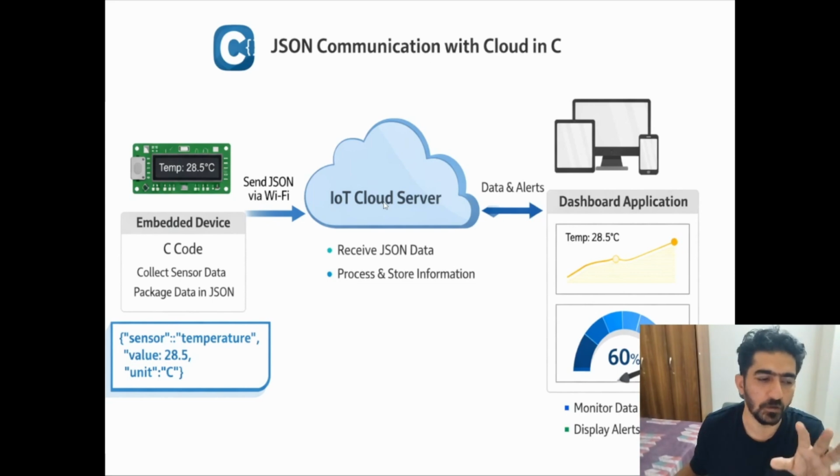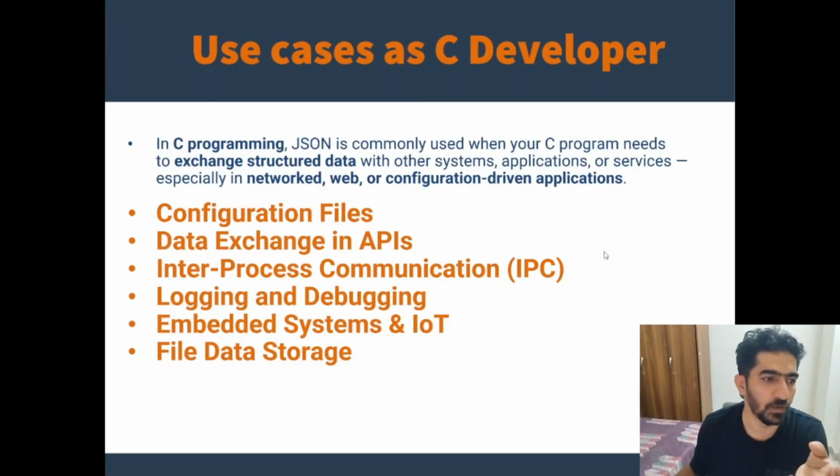So we are managing the cloud, but JSON is not always used only in cloud communication. You can use the power of JSON in other things as well. Next we'll see what those are. As a C developer, what are the use cases of JSON data?